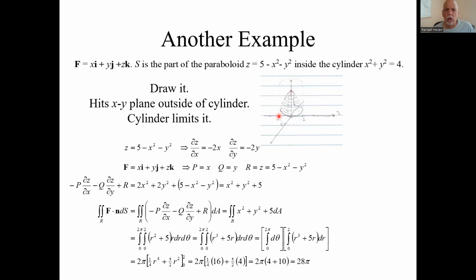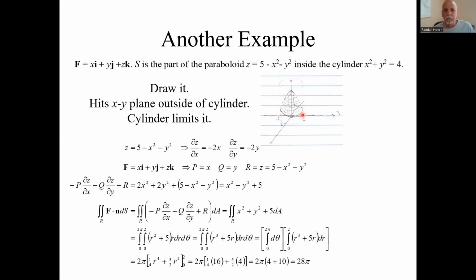Take this paraboloid all the way down to the xy plane, the radius would be the square root of 5. It has to be inside this cylinder, which has a radius of 2, which is less than the square root of 5. So the actual surface doesn't come all the way down to the xy plane. It only comes down to wherever this is.